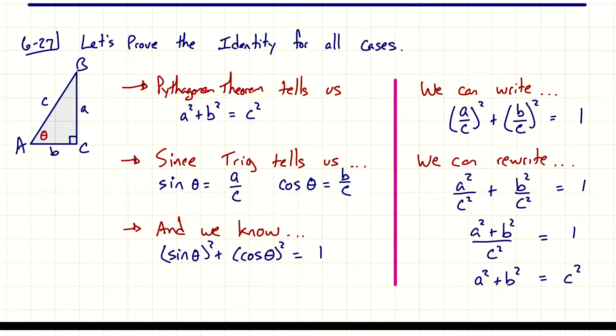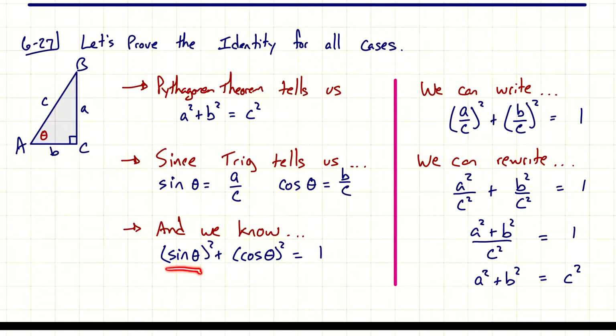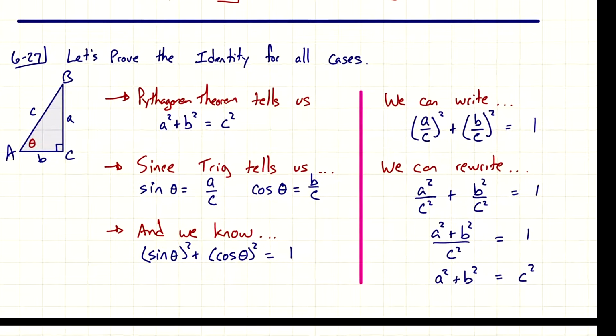And from the previous problem, what we know, or at least we think is going to work for all triangles, is this relationship here: sine of theta squared plus cosine of theta squared equals 1.